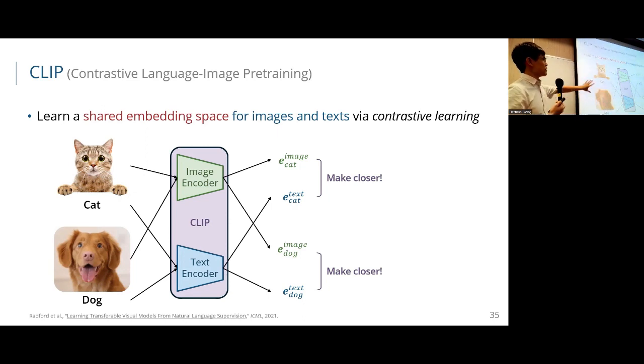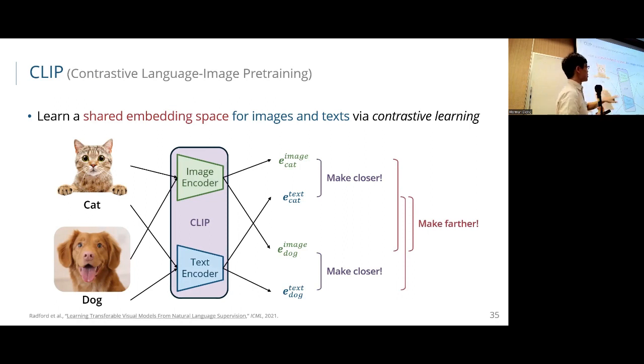Once we've done this training, we have a joint embedding space for image and text. This whole framework is called Contrastive Learning. In addition to making those closer, we also make all the different pairs further away, like making the cat image far away from the dog image.